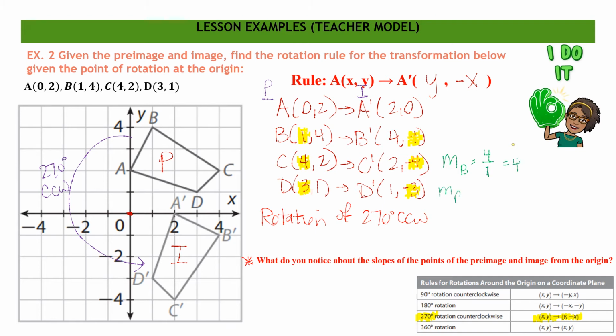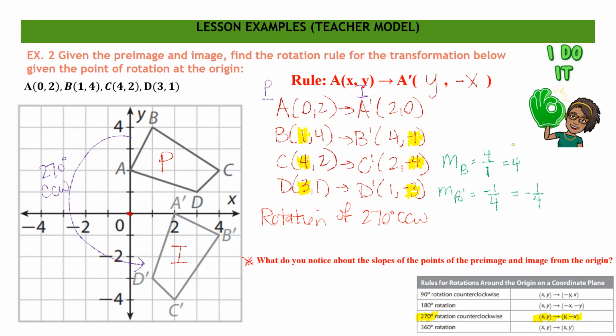And then let's look at B prime to see if we get the same or something different. So from the origin, I am falling actually -1, and then I am running 4. So my slope is -1/4. Well, what do I notice?